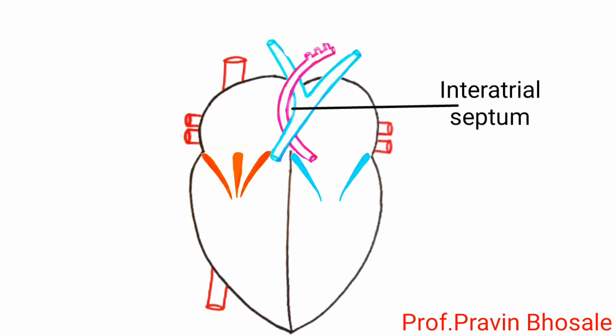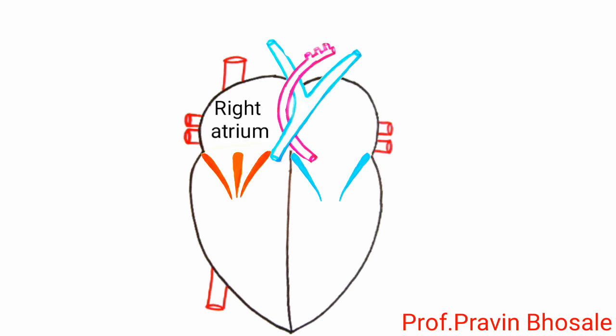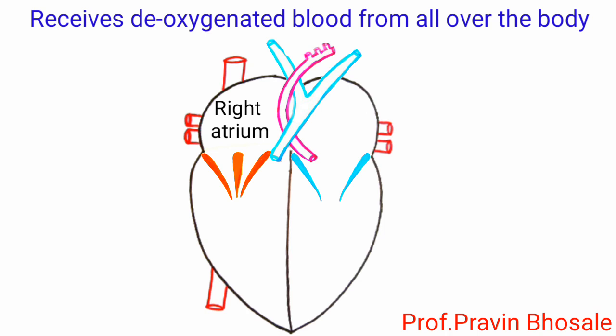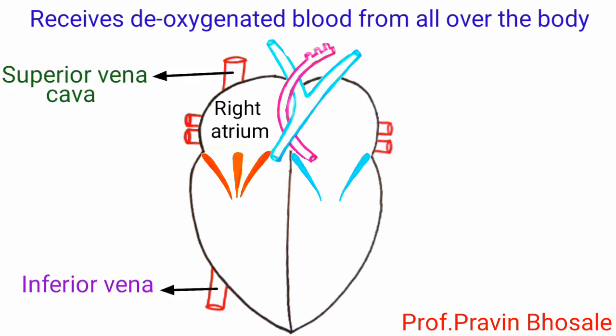the interatrial septum. The right atrium receives deoxygenated blood from all over the body through the superior vena cava, inferior vena cava, and from the heart through the coronary sinus.